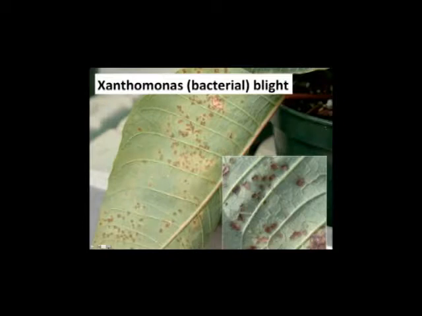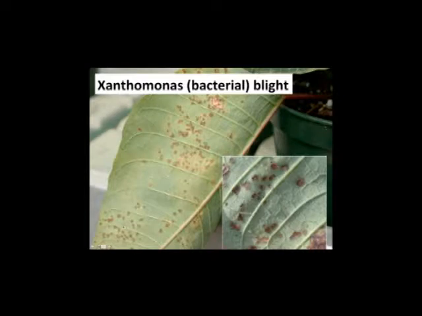Typically you see numerous lesions throughout an infected leaf, and these lesions can coalesce, grow together, and cause a larger blighting on the entire bract or foliage. The spots are chocolate brown to rust colored, and they can be surrounded by a pale green to yellow halo, depending on the time of infection.